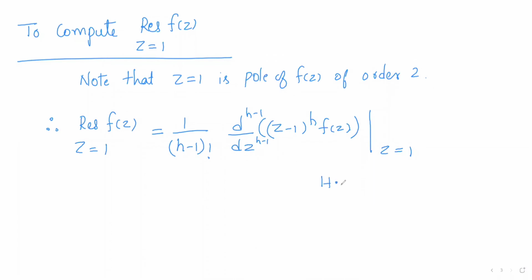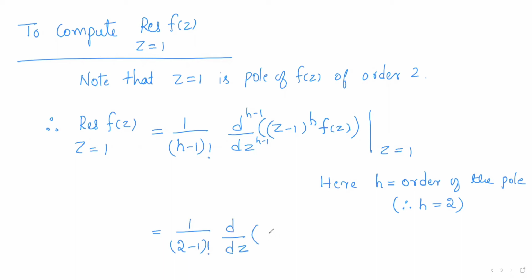Here h is the order of the pole. So what is the order of the pole? h is 2. Therefore it is equal to 1 by 2 minus 1 factorial, differentiation of z minus 1 whole to the power 2 into f of z.